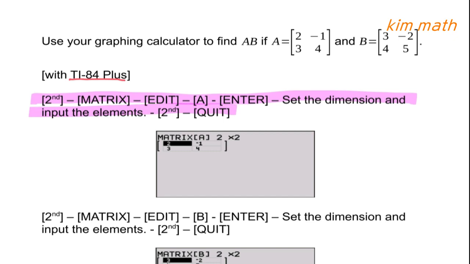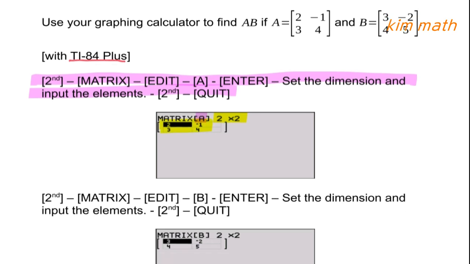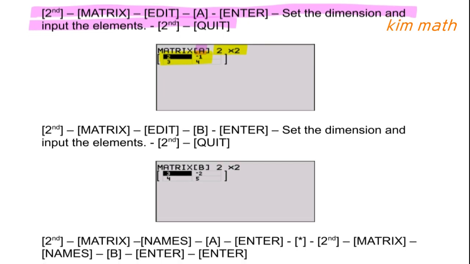For the first matrix, in this case A, you enter the dimension and the elements. We repeat this whole process for the second matrix, in this case B, again a 2 by 2 matrix, with its elements. Okay, can you see that?